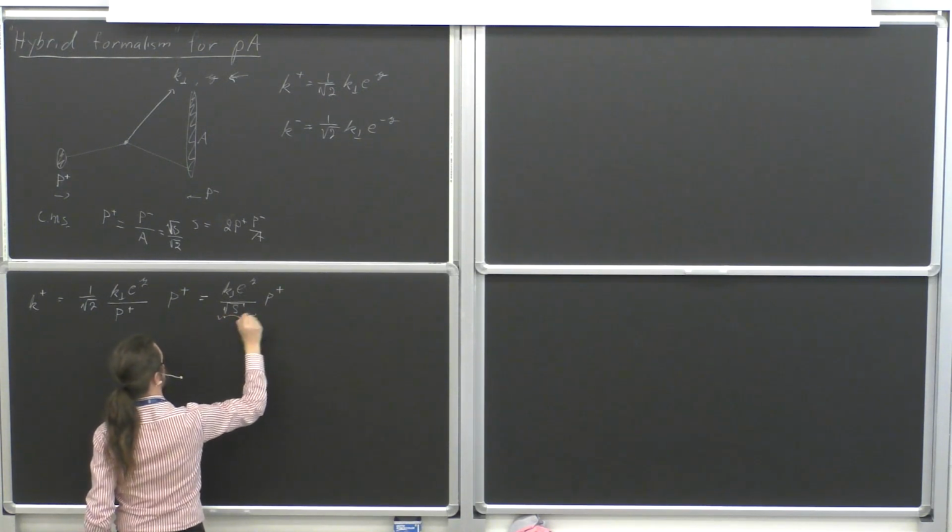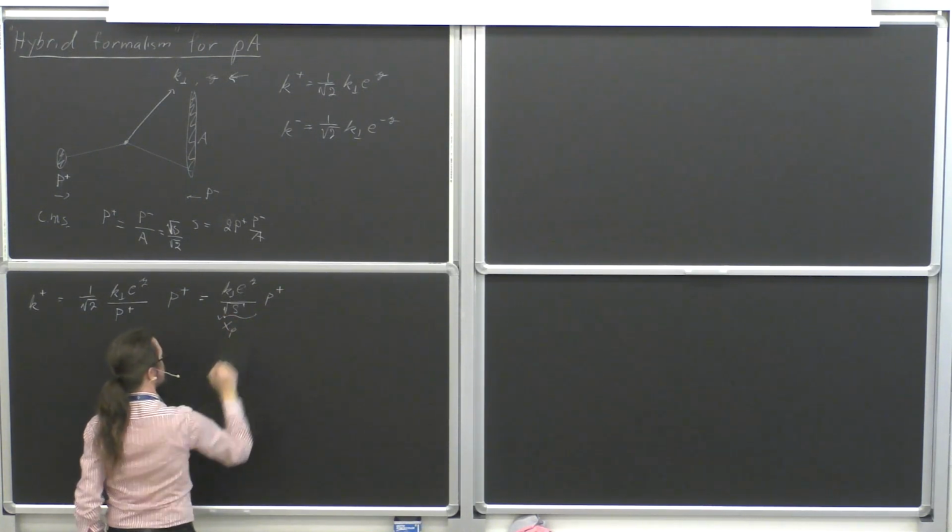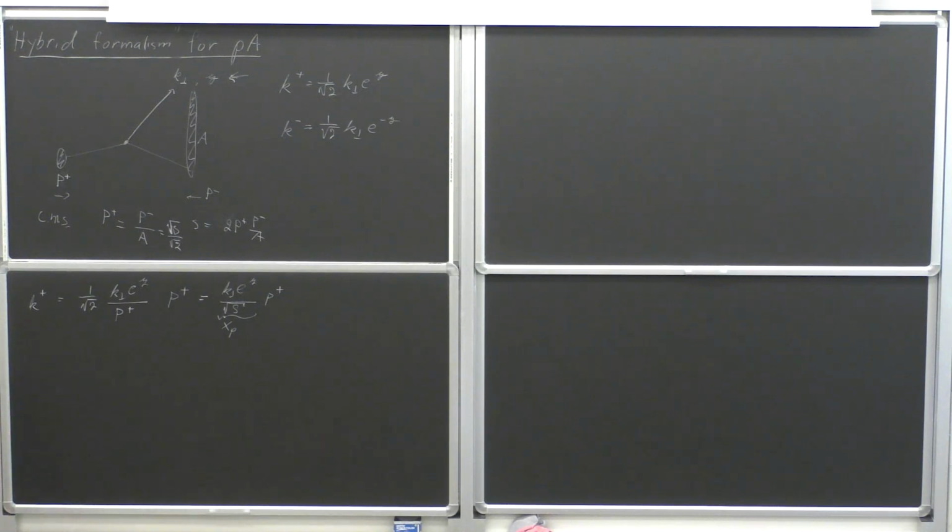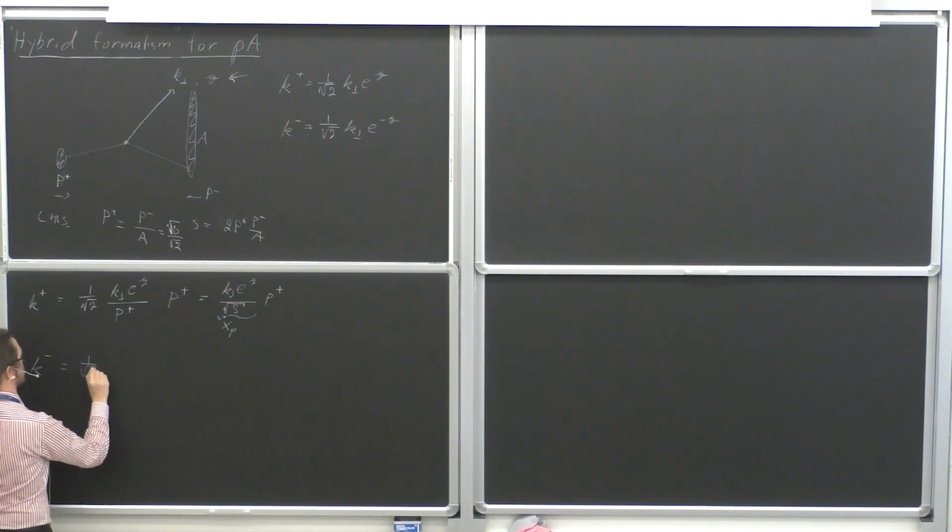So this I will call xp. This is the fraction of how much of the proton momentum the produced particle is taking. And a similar argument applies for the other minus component.